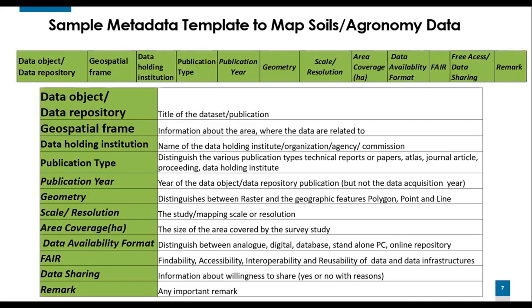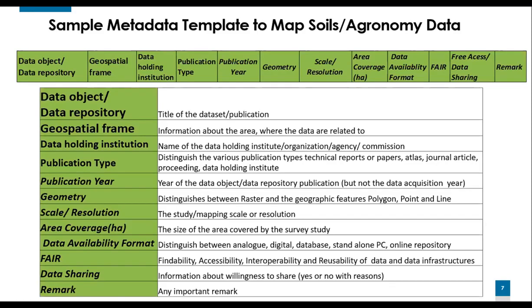And as you can see, the template has object column titles. The column titles include the data object, and the data is also characterized in terms of the geospatial frame, hosting institutions, the publication types, the publication year, to characterize the institutions.